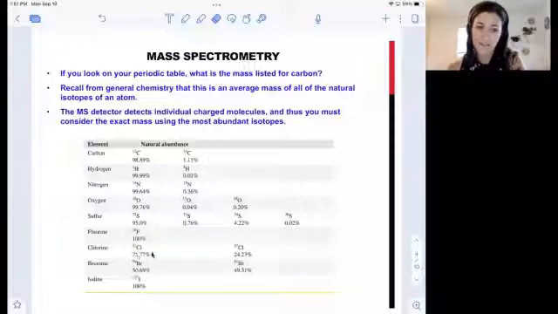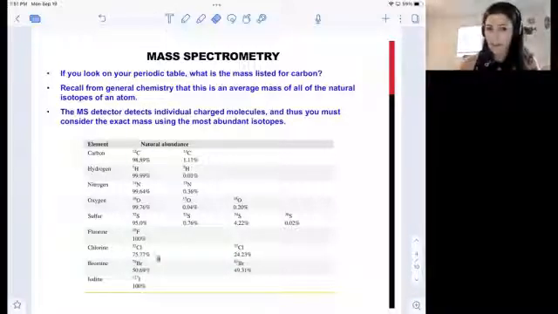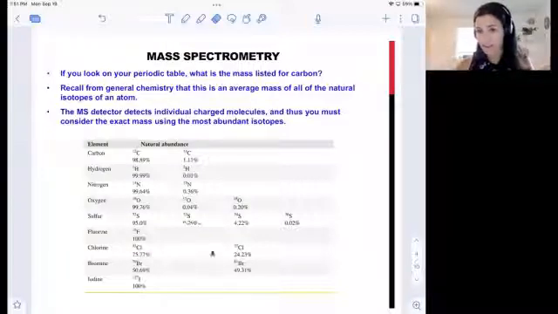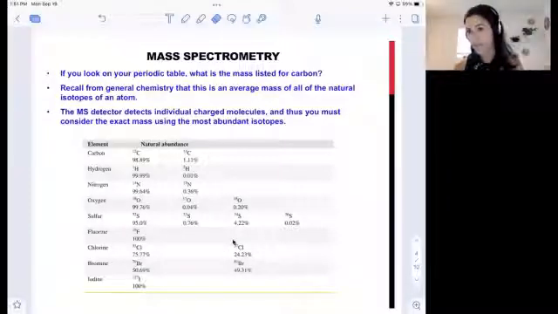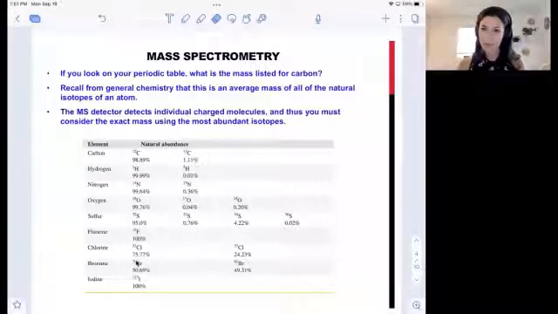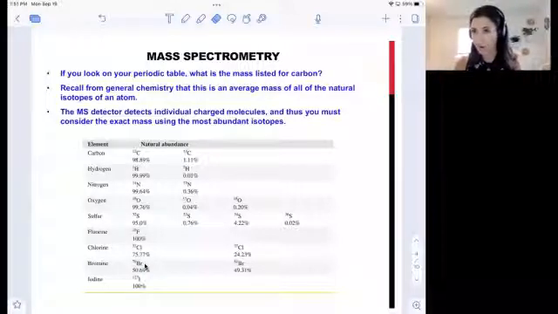So for example, look at Cl35 and Cl37. Cl35 is the major isotope accounting for 75% of natural chlorine atoms, but we have a substantial percentage of Cl37. Bromine exists as just about a 1-to-1 mixture of Br79 and Br81, with Br79 being slightly more abundant.